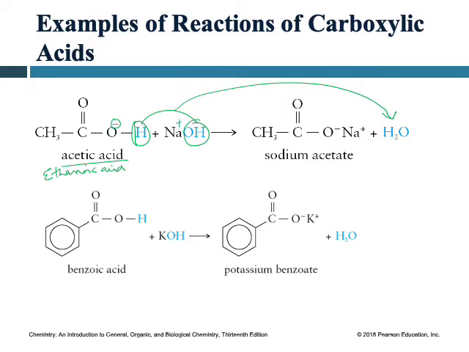Sodium is a positive charge because this is a metal, a group 1 metal, which always forms a positive charge cation, and then they come close together to form O negative and Na plus because of the ionic interaction, and this is a salt. So the name will be sodium, because you have the metal sodium first, and then this is a common name, acetate, because we are starting with the common name acetic acid. That's why the name is sodium acetate.